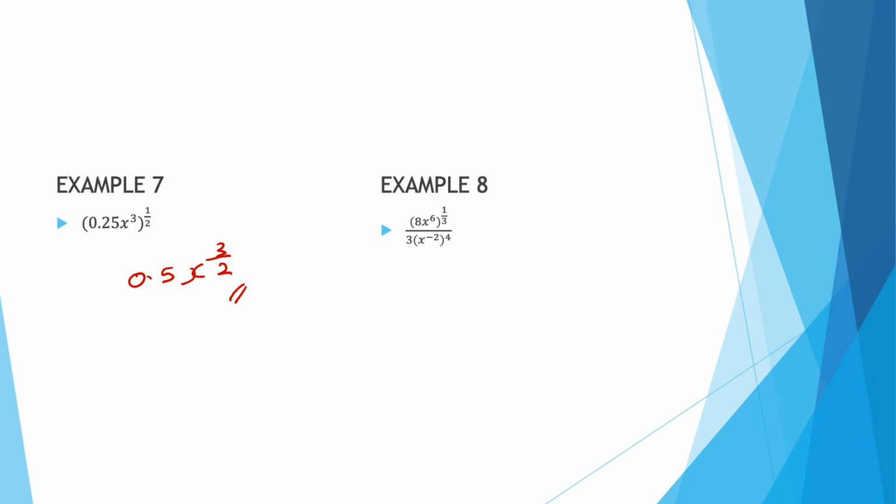This one here, we've got a fraction. So again, you do the numerator first, and then you do the denominator. So we'll do the numerator first. 8 to the power of 1/3, or the third root of 8, which is 2. And 6 times 1/3 simplifies, gives me 2. So that's why it's x to the power of 2 over. Now you notice this 3 is outside the bracket.